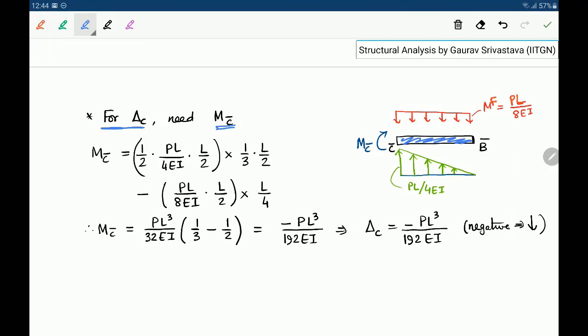And for finding out MC bar, we can do the moment balance about point C bar. That will give us MC bar equals to this, which means that delta C comes out to minus PL cube by 192 EI, and again the negative sign indicates that this is a downward deflection.